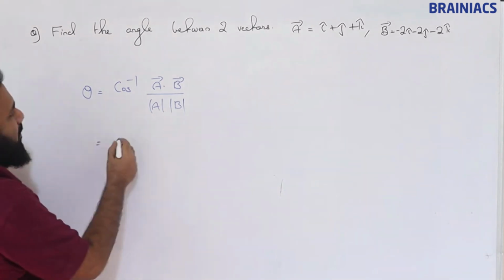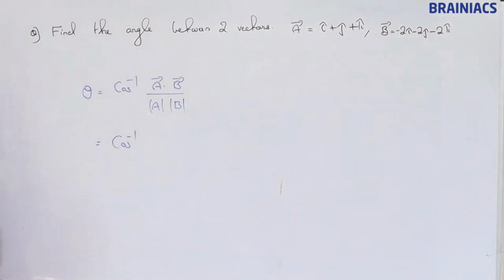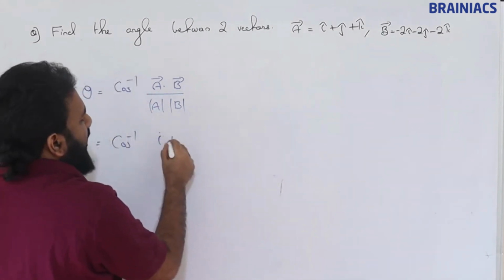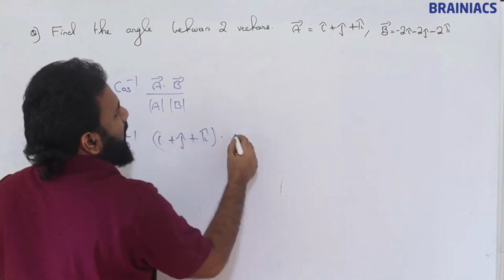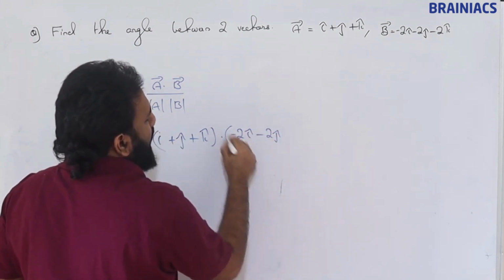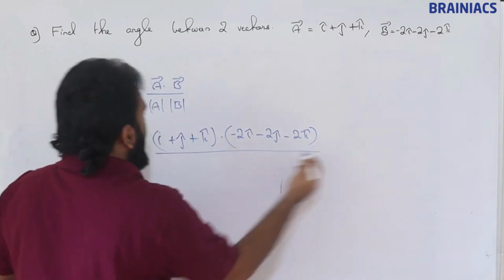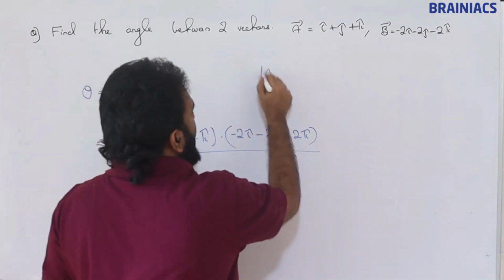So this is equal to cos inverse of A dot B. How to find? So I'll write this: i plus j plus k dot 2i minus 2j minus 2k, divided by magnitude of vector A into magnitude of vector B.